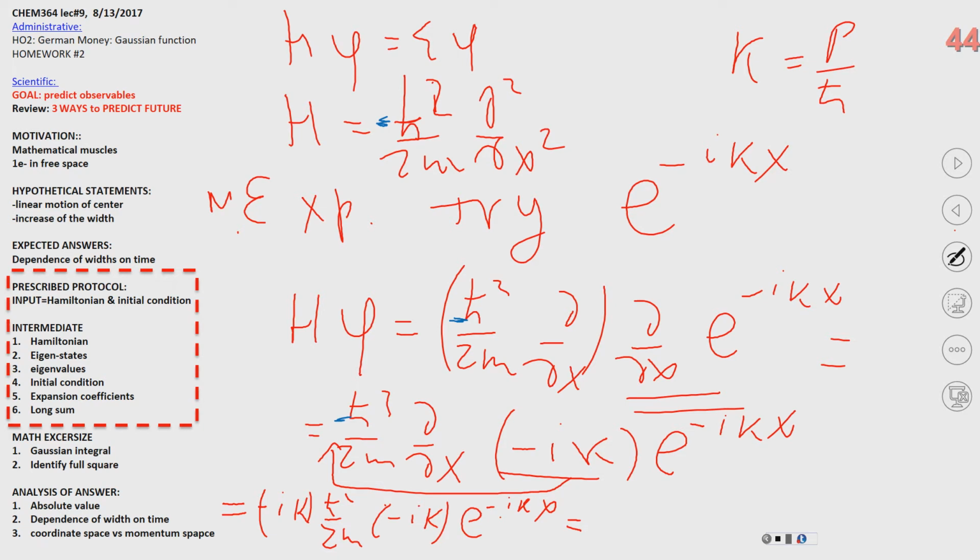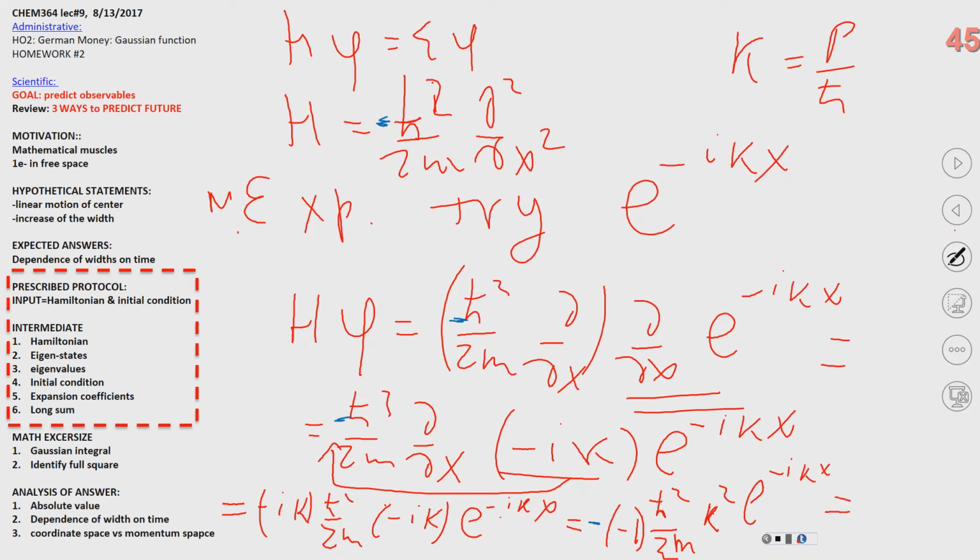Should there also be a coefficient in front of the exponential? Yes, but we will deal with the coefficient later. There should be normalization. So it's minus, and then you have one more minus because of multiplication of imaginary units. Then h bar squared over 2m k squared e to the power minus i k x.